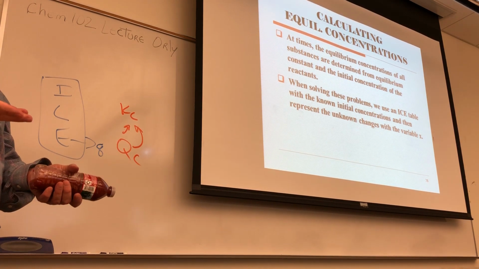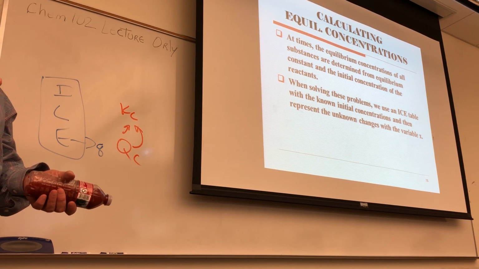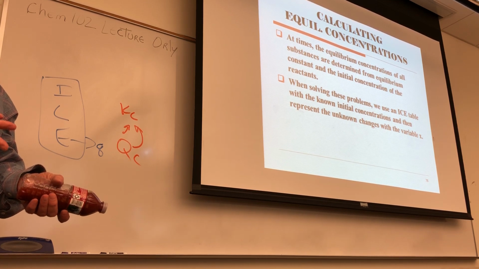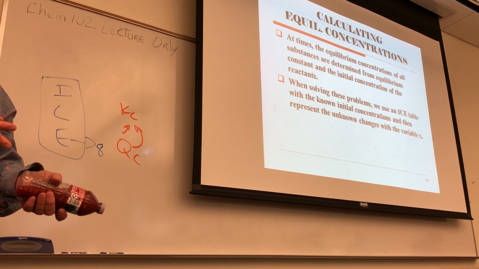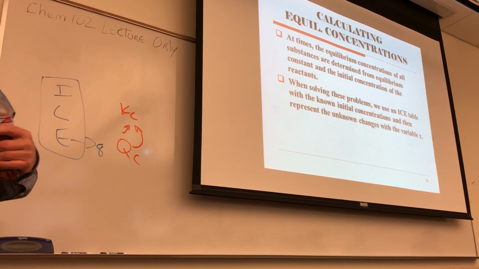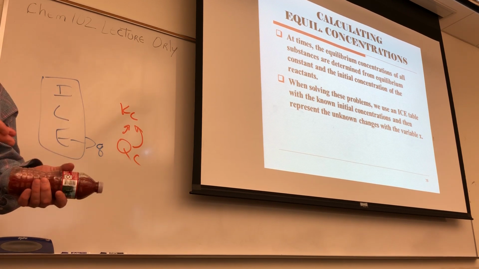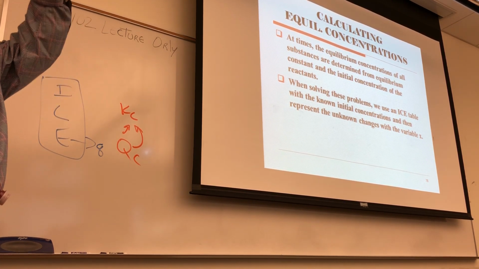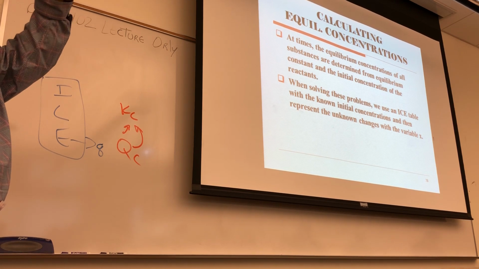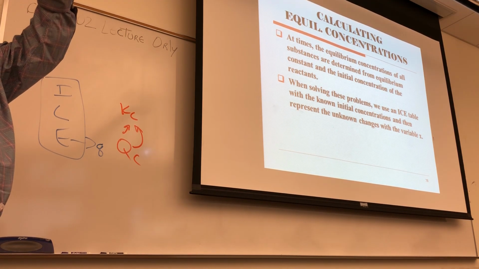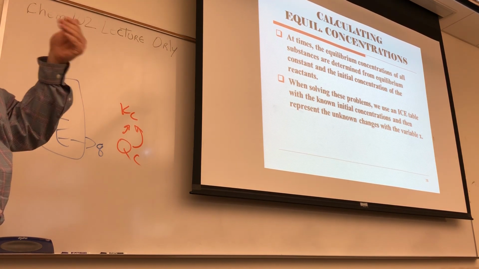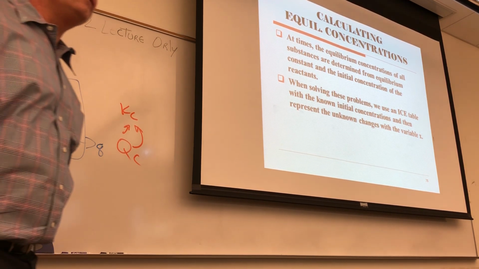It's always going to be minus in the change if I'm in reactants, and it's always going to be positive in the product, assuming I'm starting with initial and going to equilibrium. But as we just saw, if I started with something elevated in terms of my Qc concentrations, then it could be going the other direction. We're not going to talk about that, but I just wanted to make sure that you're aware of that.